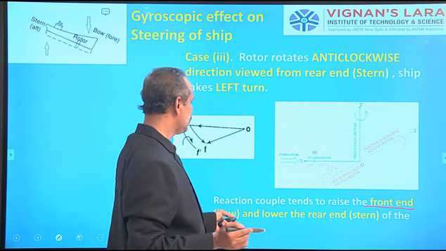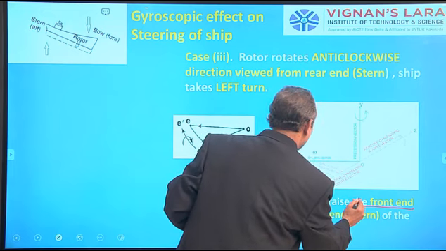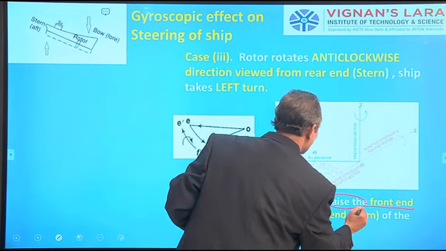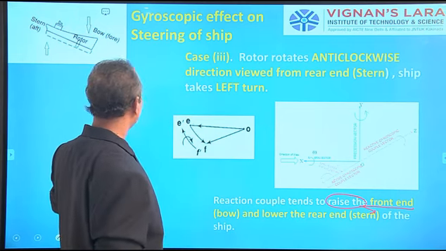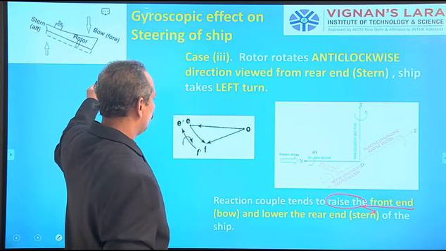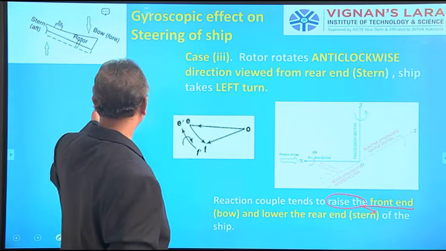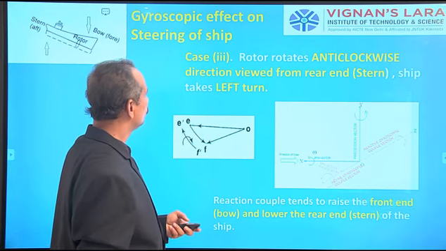Bow lowers and the rear end rises. Sorry for the correction. So you can see the diagram also here. The bow portion is made it wrong, a reverse way it has written. Okay.